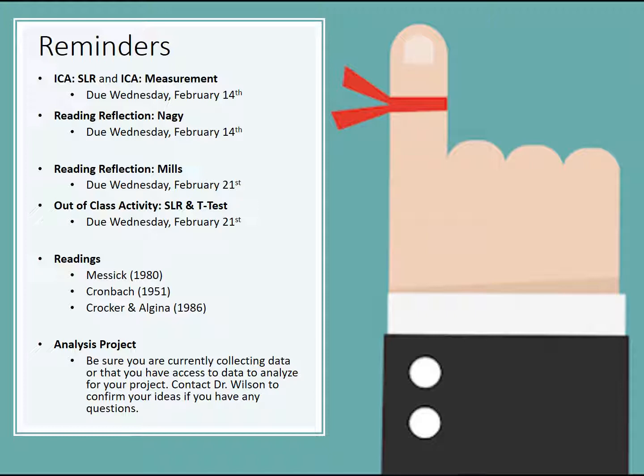We'll talk about t-tests next week in class, but if you want to get a jump start on that class activity, you should be able to start looking at that SLR. The readings for this week are the Mesic, Cronbach, and Crocker and Algina readings. That's 3 readings, but just make sure that you understand the Cronbach, and particularly will help provide some foundations and some supplementations to the lectures this week.